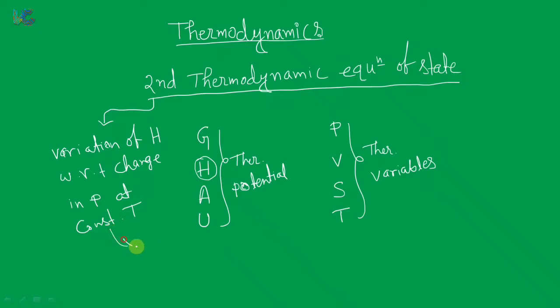If you say the change in enthalpy, that means dH, and change in pressure means dP. So what we want to measure is dH/dP, but the condition is at constant T. When we introduce a constant in the complete differentiation, we can write it as partial differentiation.